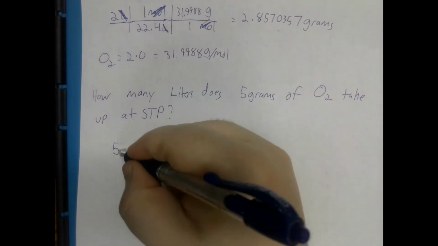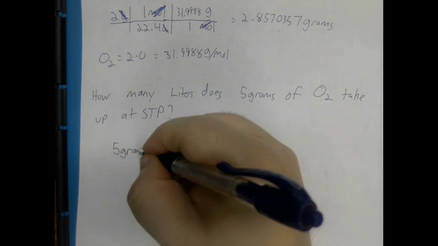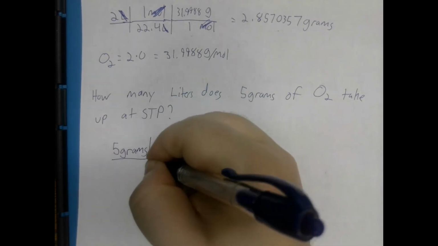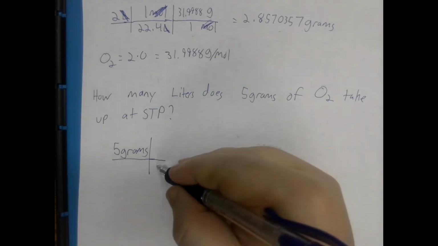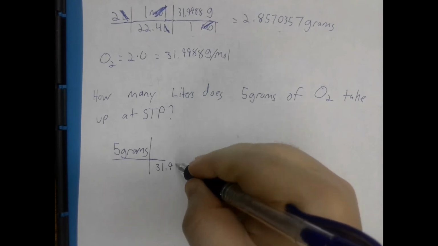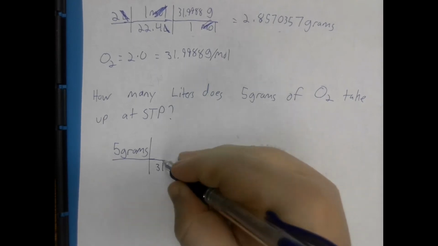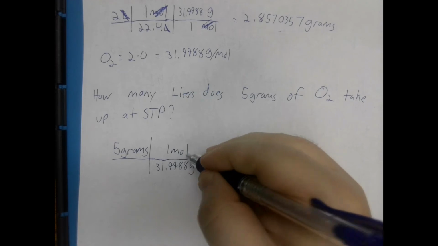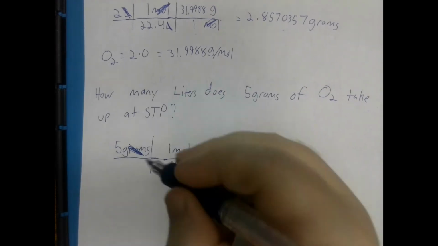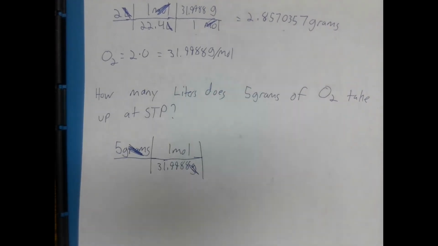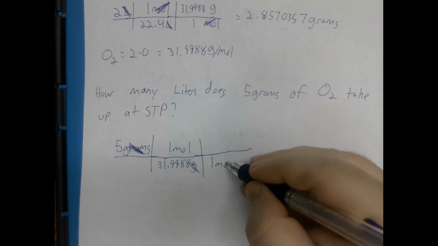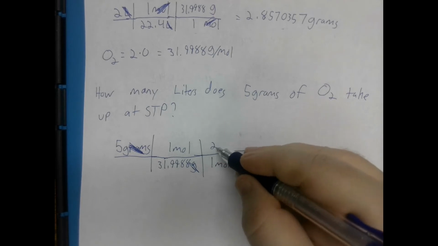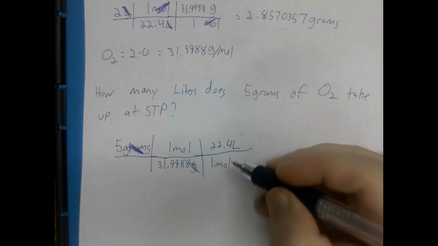So we're given grams, but we can't use grams directly. We have to use moles. So let's first convert grams into moles. We know that it's 31.9988 grams for every 1 mole. So grams cancel out. And now we can add the conversion factor of 1 mole to 22.4 liters.